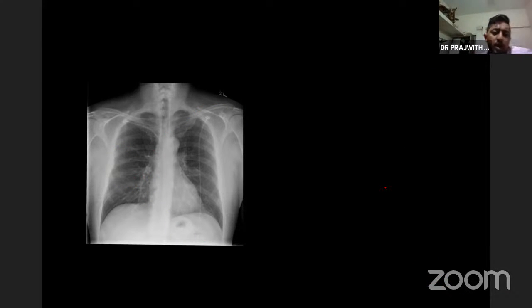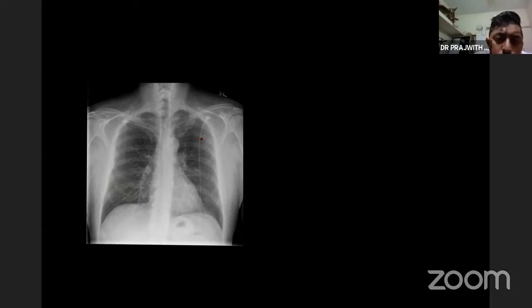One more difference between anterior and posterior rib is that the posterior rib is more horizontal, whereas the anterior rib is more oblique, in a PA chest x-ray. So these are the things that we see in a chest x-ray.